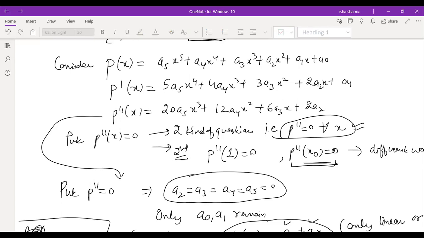So we actually showed it mathematically, although we already know the answer. You computed p dash, and since p double dash is becoming 0 for all x, they didn't give you any condition on when it is becoming 0. So if some polynomial is becoming 0 for all values of x, that means it is a 0 polynomial only, right?